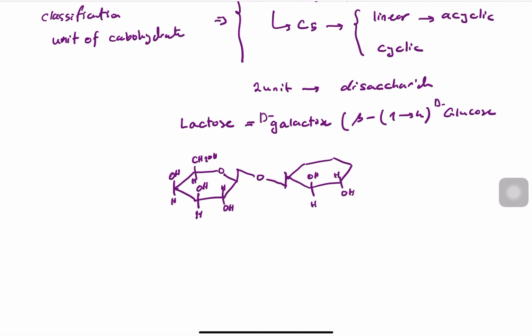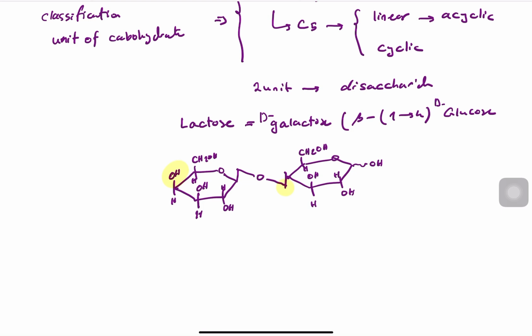What is the difference between glucose and galactose? They are epimers at carbon number 4. As you see here, in galactose the OH on carbon 4 is up, but in glucose it must be low. And when they bind each other, they lose water and form a disaccharide.